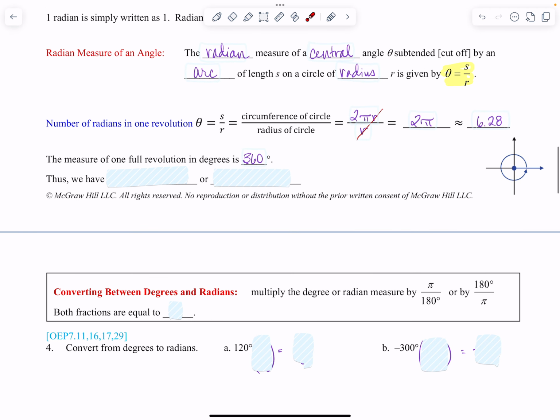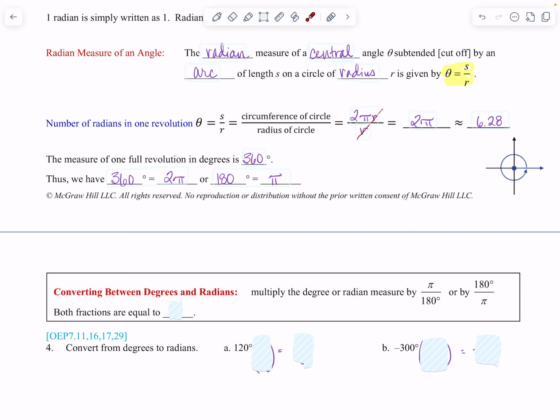So now we can easily say that 360 degrees equals 2 pi radians. Not only that, we could take both sides of this equivalence statement and divide both sides by 2. And when we do that, we get 180 degrees is equal to 1 pi radian.